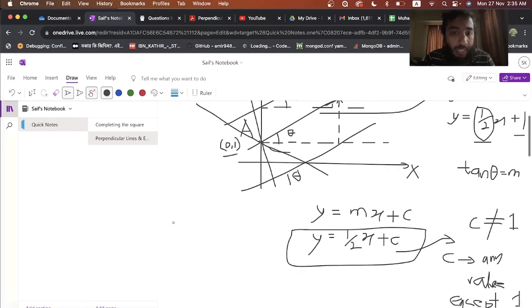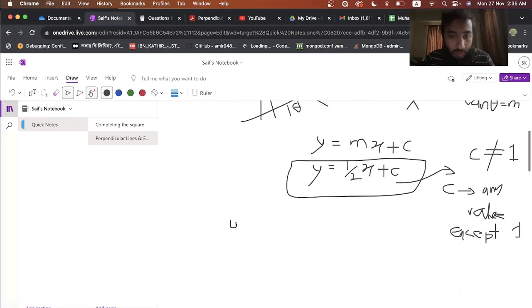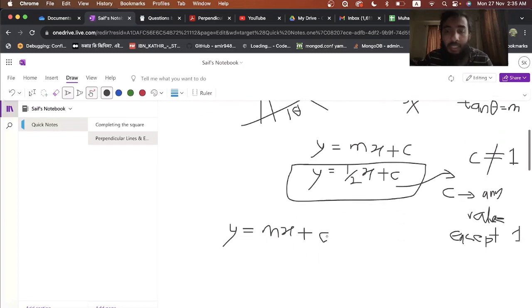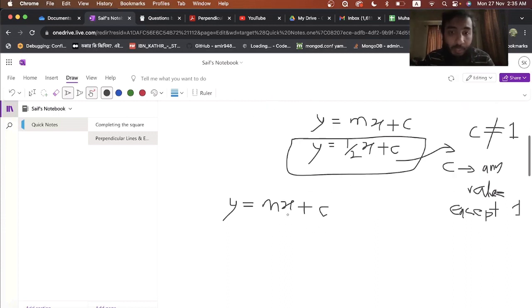So if I write the standard equation, y equals mx plus c, m is the slope, and it can be any value.